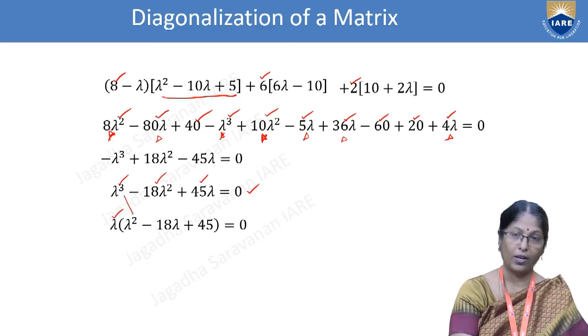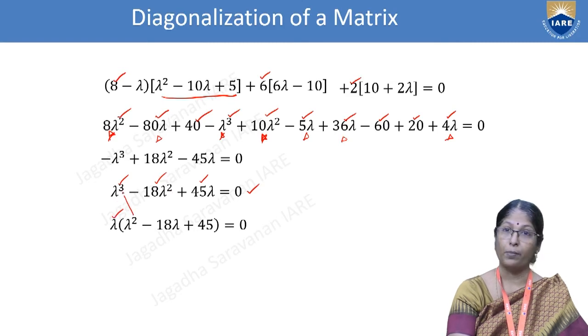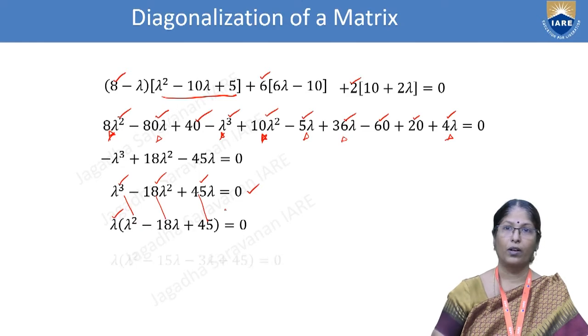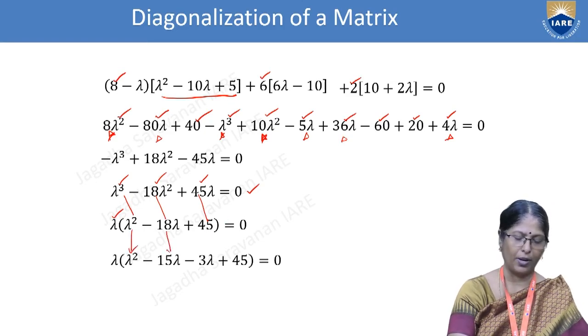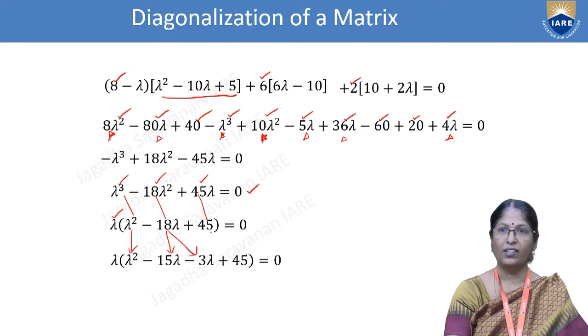So here one lambda has come out, the remaining lambda square, here the remaining part minus 18 lambda, here the remaining part is 45. So now lambda square, now minus 18 lambda is there, so minus 15 lambda, this is minus 3 lambda.